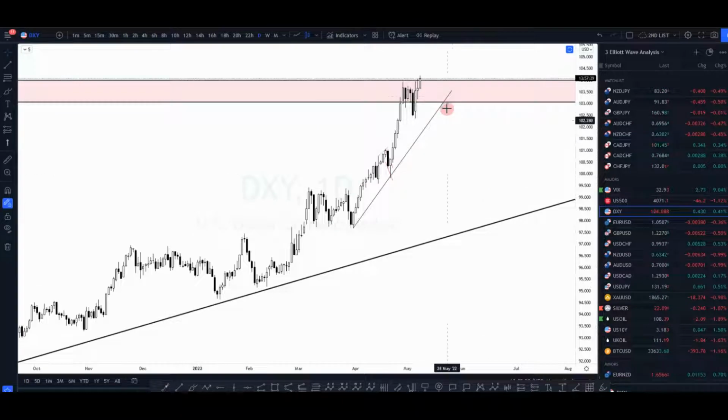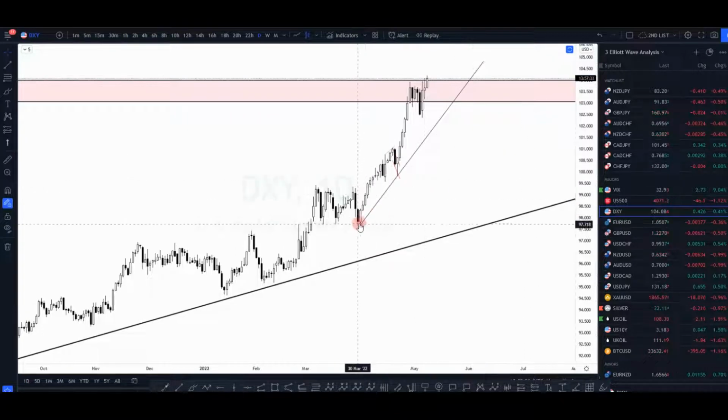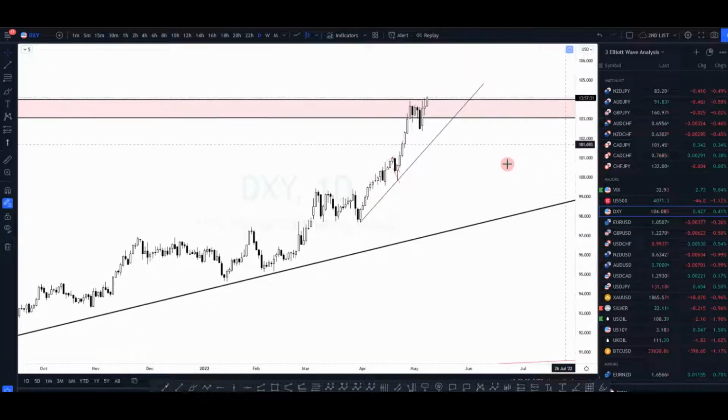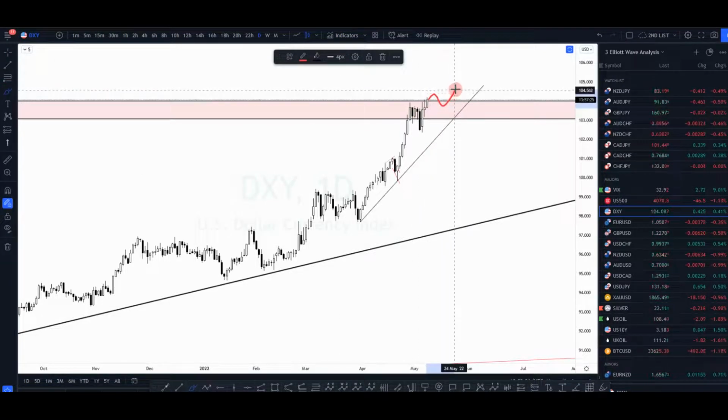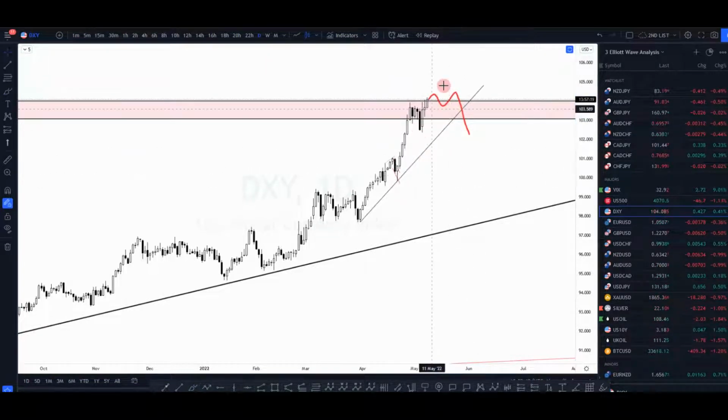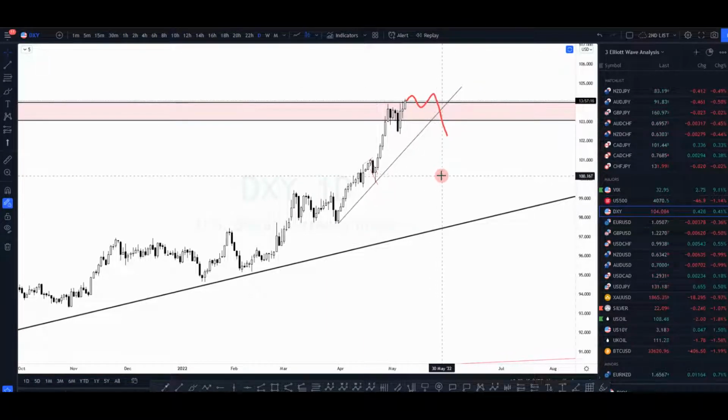So I'm plotting this rising trend line as a kind of gauge for this bullish trend, especially from here. If the price, after going a little bit like this, breaks sharply downwards here, I think we might see the dollar relax from this bullish run, maybe for some days, like a week or two.